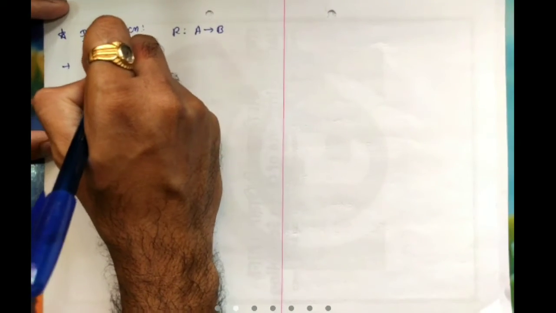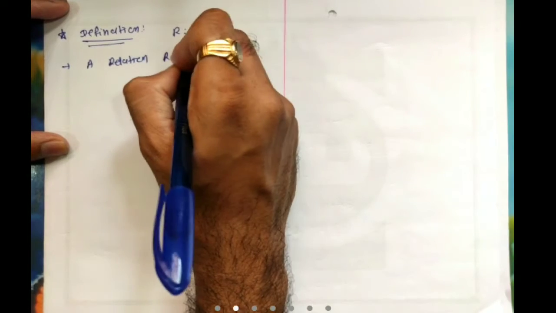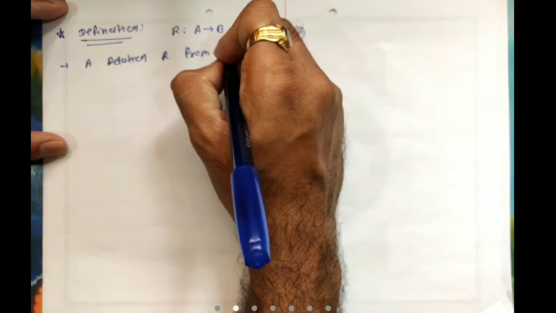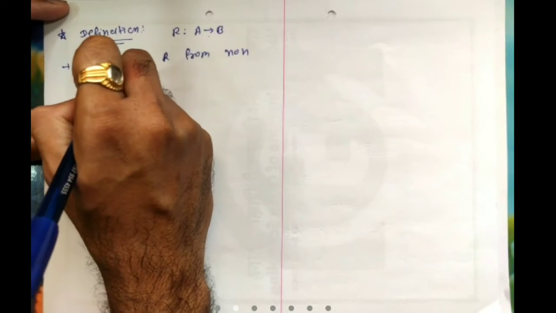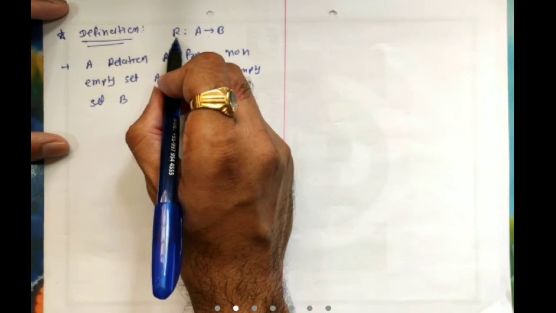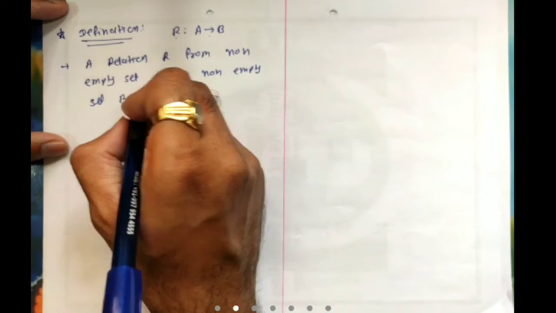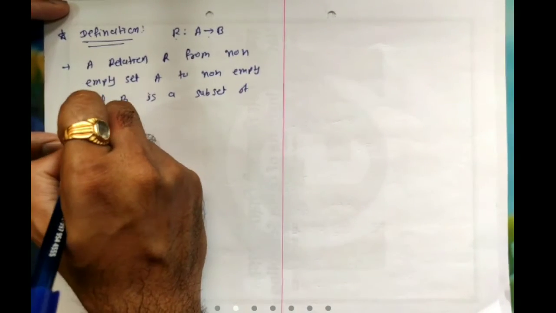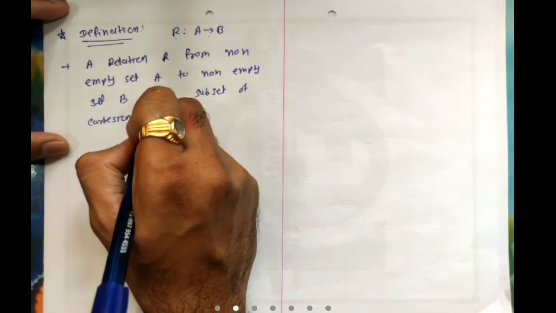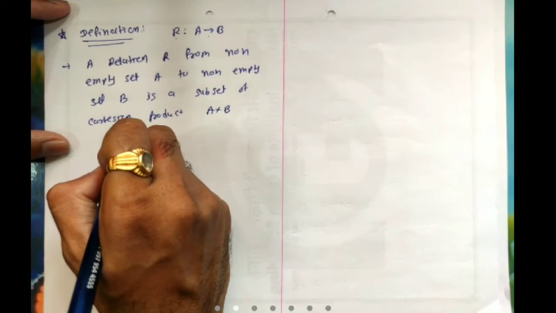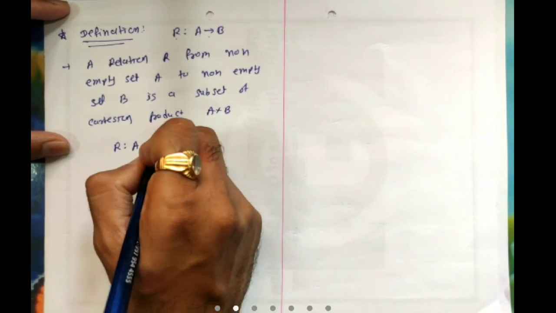The definition: a relation R from non-empty set A to non-empty set B is a subset of the Cartesian product A cross B. Done? इसको लिख पाएंगे ऐसे, relation R from set A to B. That is our relation.